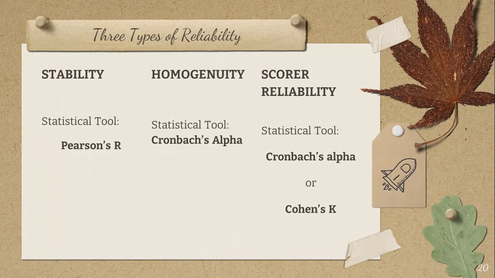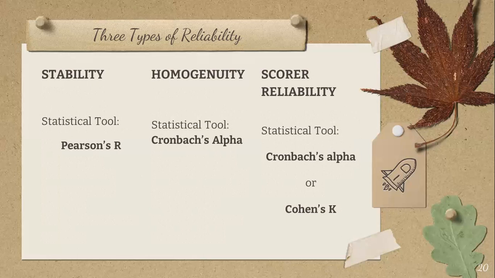And the third one, we have scorer reliability. It refers to the degree of agreement if the same instrument was used. It is also called the inter-rater reliability. This is the degree of agreement of the raters.